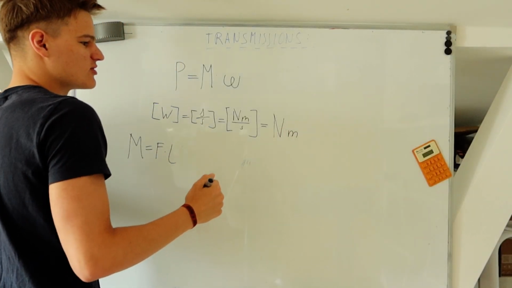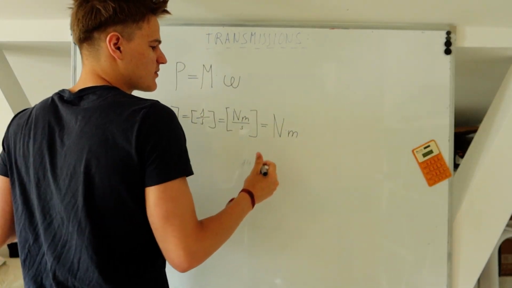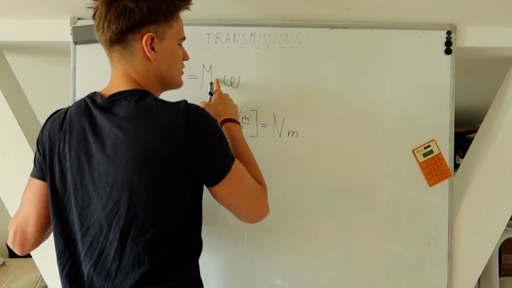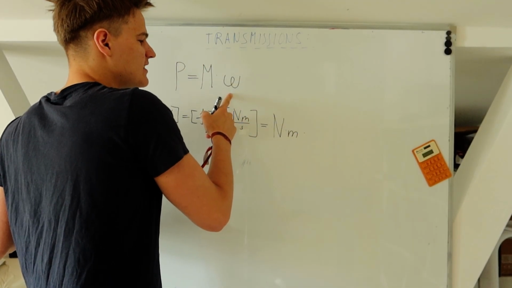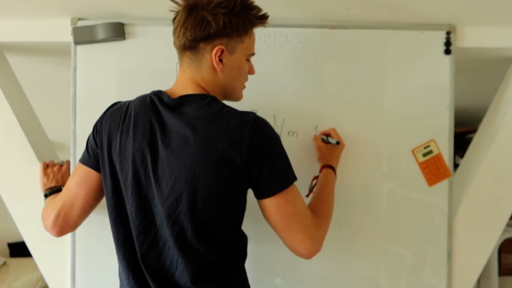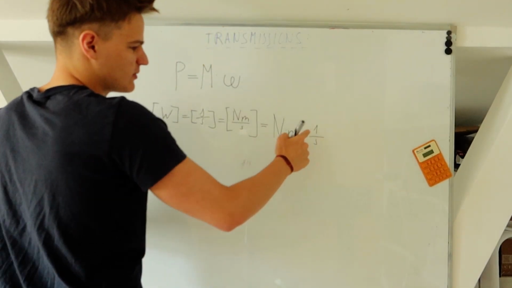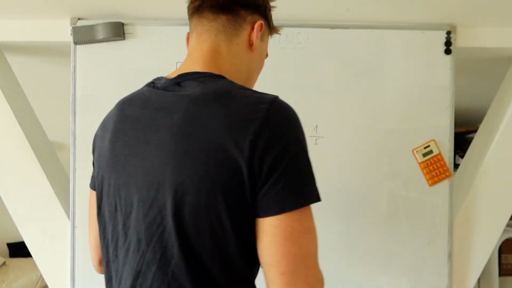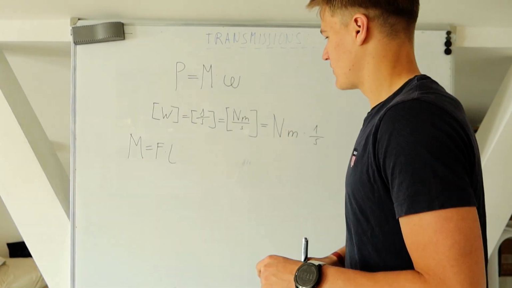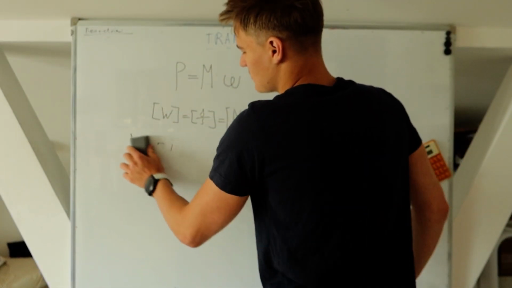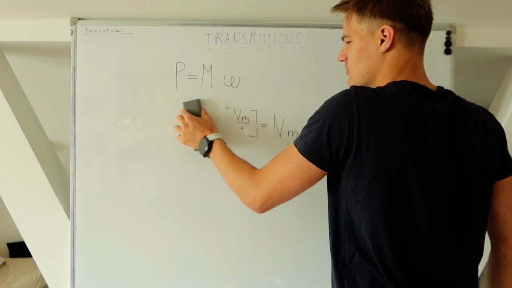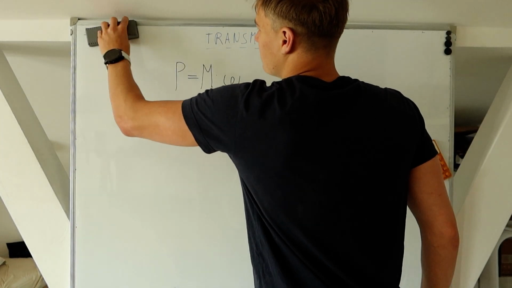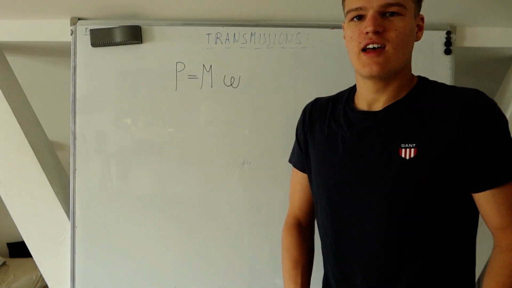And then we have the omega, which is times 1/second. That is perfect, because if you multiply these together, you get watt. So this lines up very nicely. I'm just going to erase this because it is not today's topic, but it shows you why this formula exists.